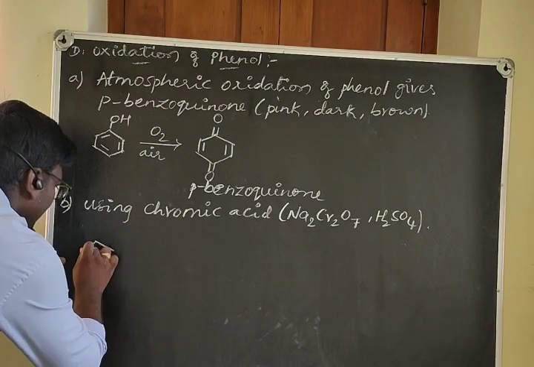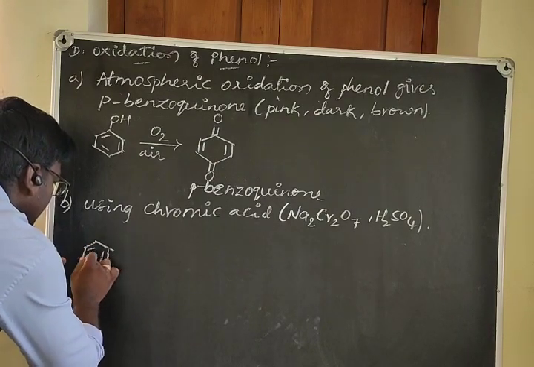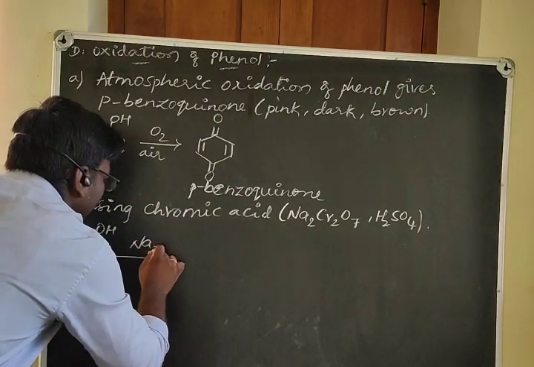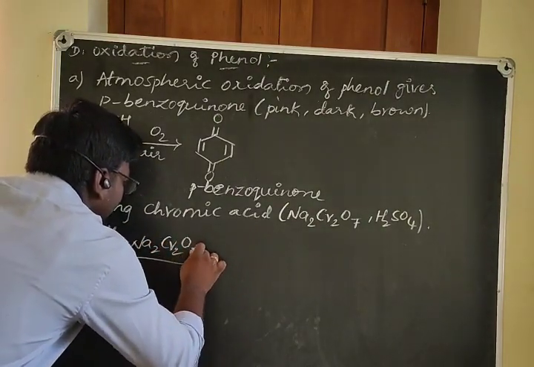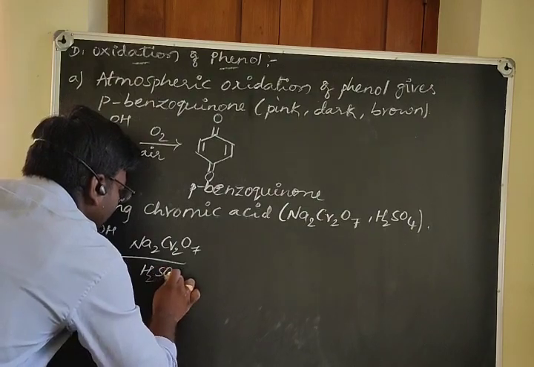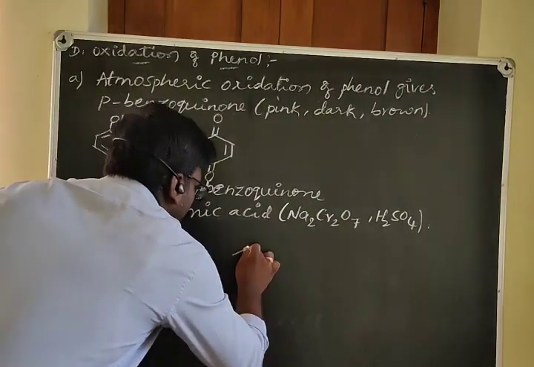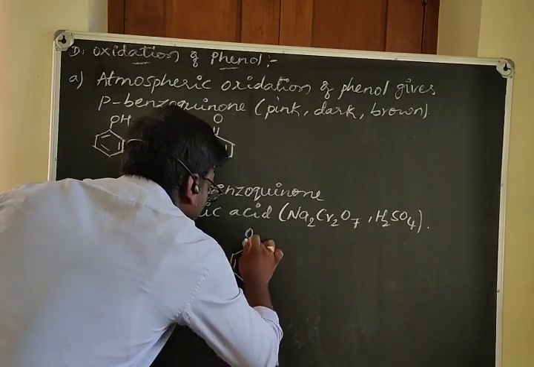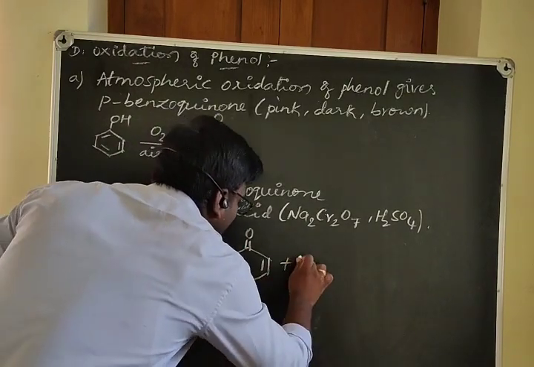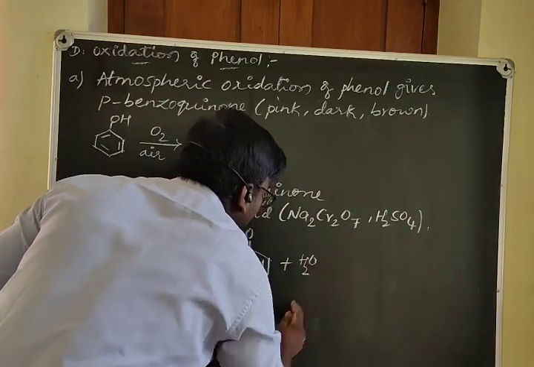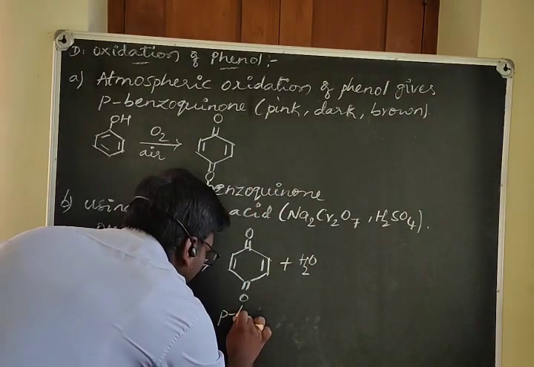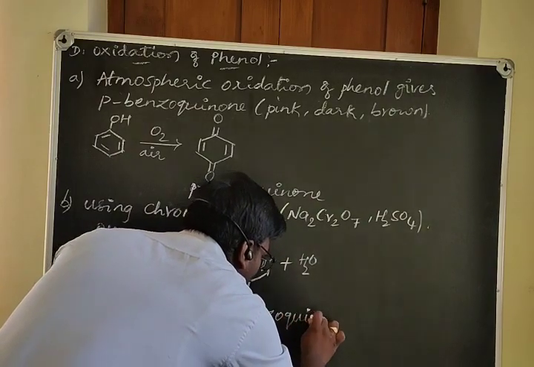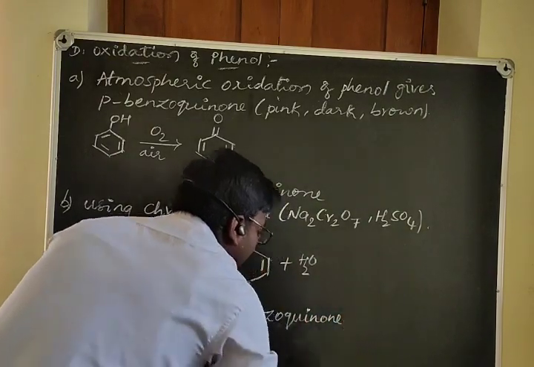When phenol is treated with sodium dichromate in presence of H2SO4, it gives benzoquinone with the release of water. What is this compound? Para-benzoquinone. Okay.